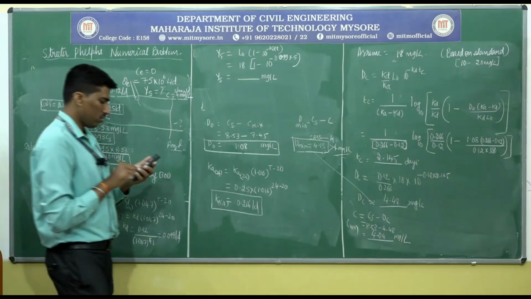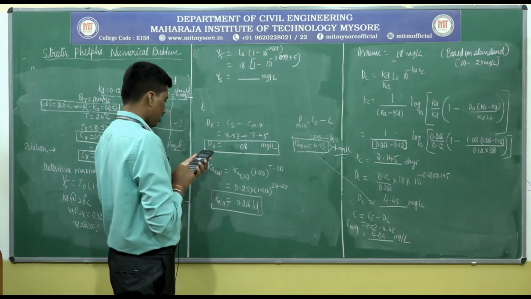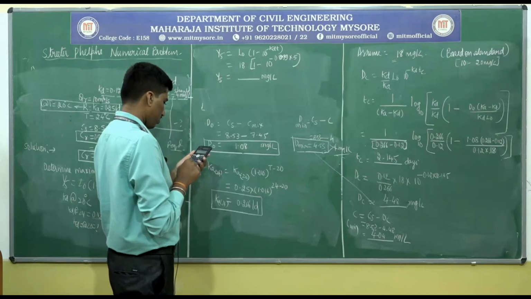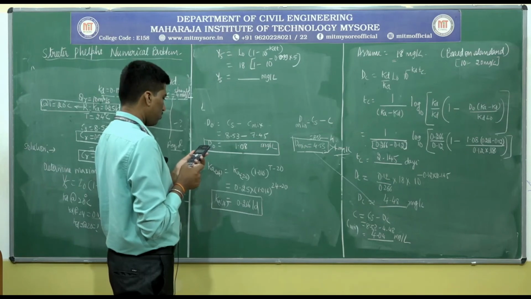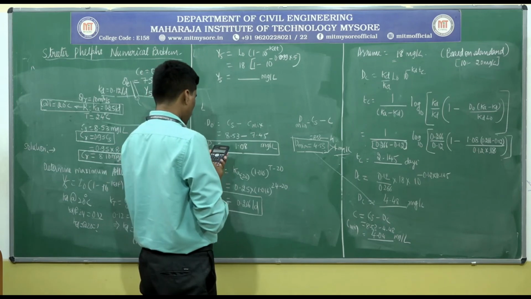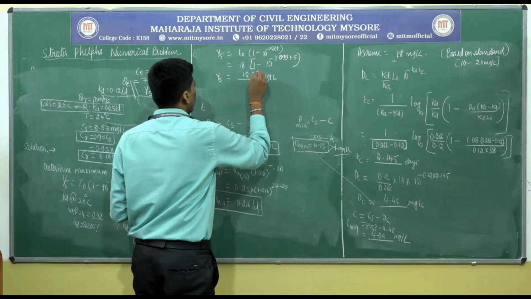Now we have 1 minus 10 raised to minus 0.099 into 5. How much is it? 0.68 into 18 gives you 12.24 mg per liter.